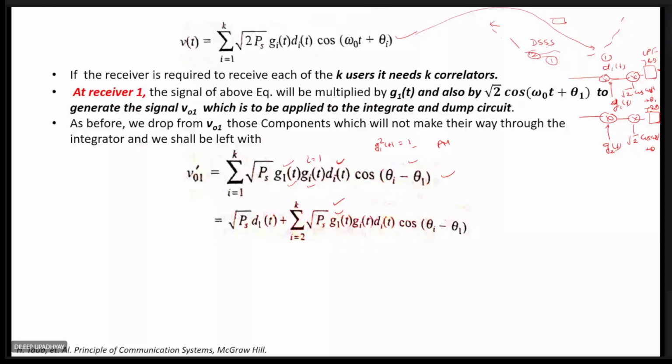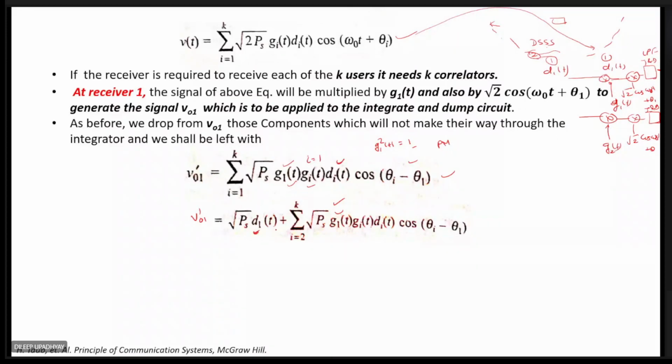Looking at this expression for V01 dash, since this receiver wants to receive the signals transmitted from transmitter 1, the message signal transmitted from transmitter 1 is nothing but d1(t), and that is associated with the first term, V01 dash equals root P_s d1(t).